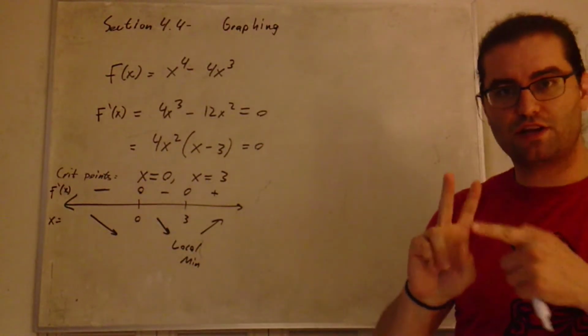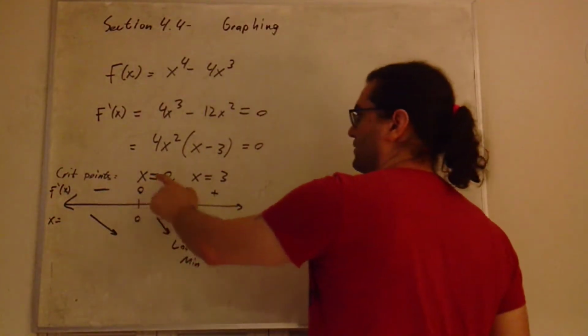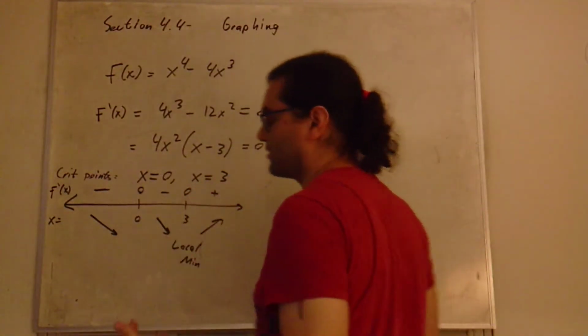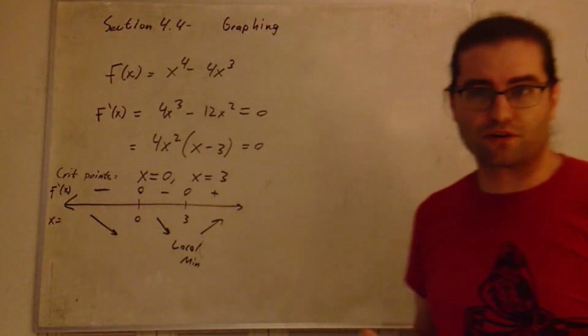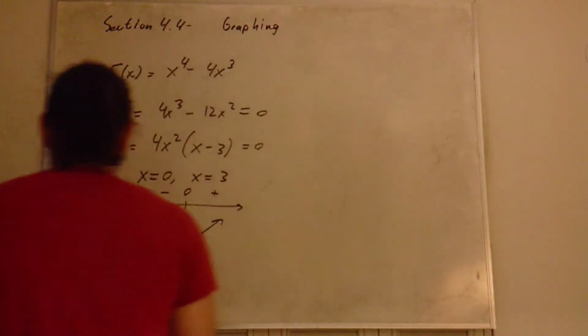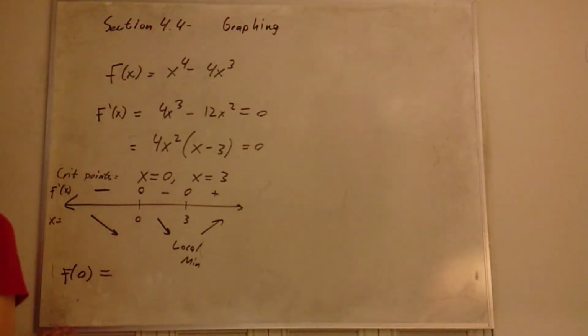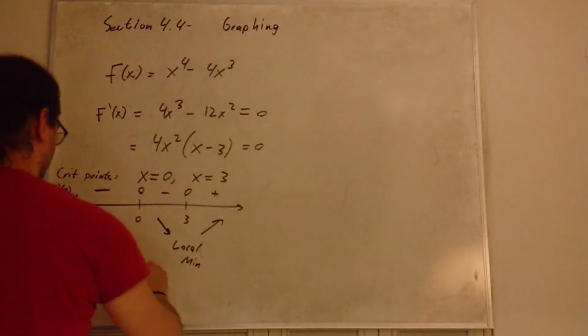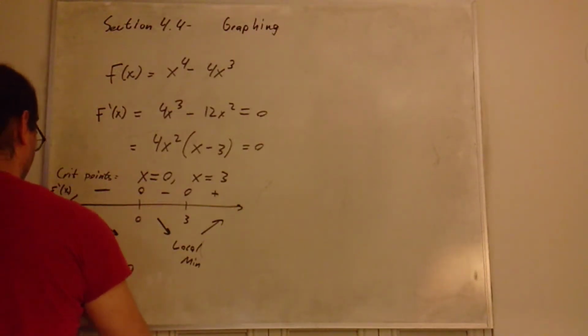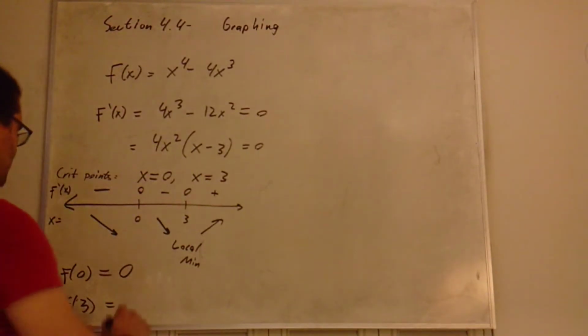The first extra step is we're going to find y values. I know that x equals 0 and x equals 3 are the critical points, which are the x values. But I need actual points if I'm going to graph this. So I want f of 0, which is clearly just 0, and f of 3, which is 81 minus 108, so negative 27.